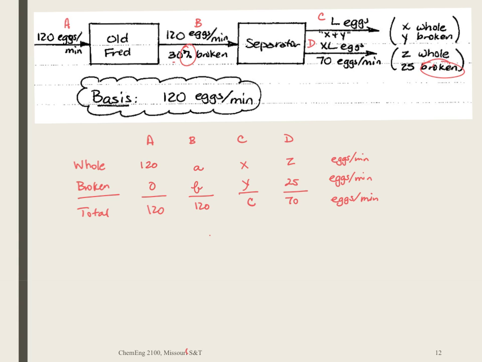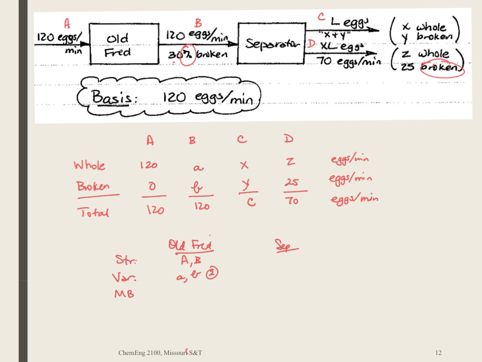What about my degrees of freedom? Well, here, let's just talk about old Fred as a process, and let's talk about the separator as a process. So we'll do these two different ways. So my streams on old Fred, I have A in and B out. And my variables, I have little a and little b, so I have 2 variables.